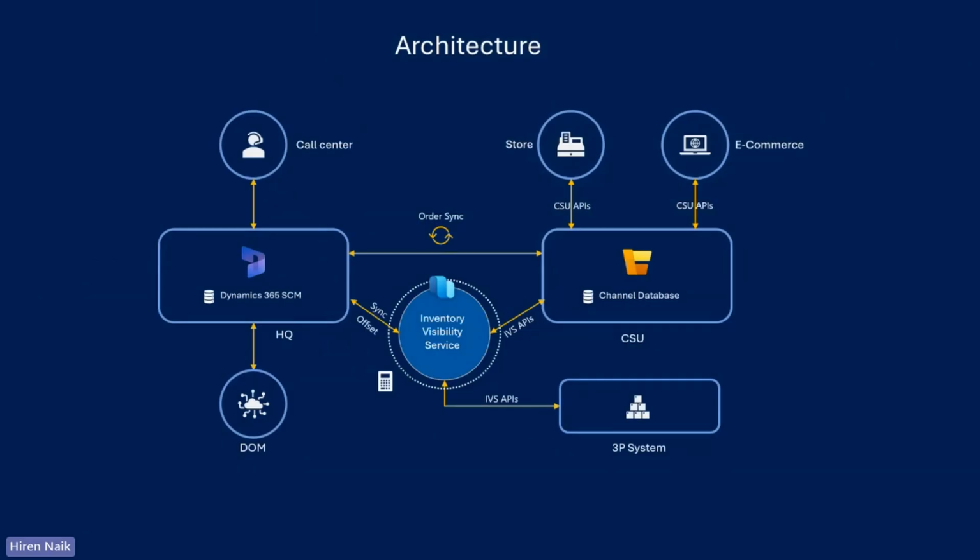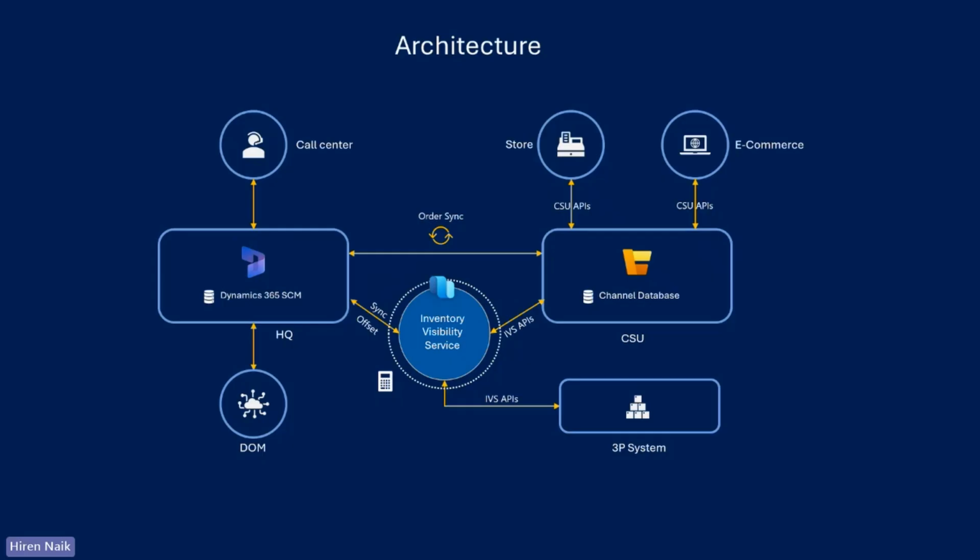So if you look at this architecture, in the middle, we have the inventory visibility service microservice. If you're not familiar, I highly encourage you to look at those tech talks, which I mentioned in the beginning, to learn all about inventory visibility service. But at a very high level, inventory visibility service is a highly scalable microservice.